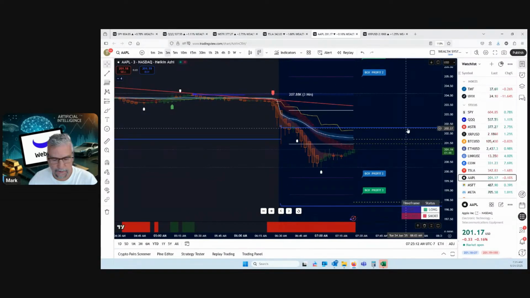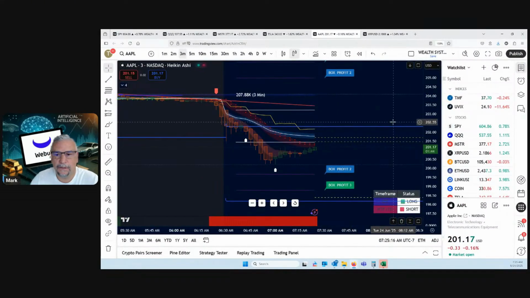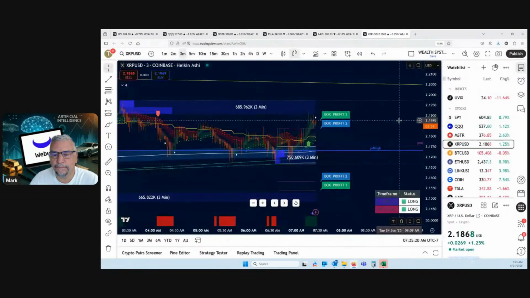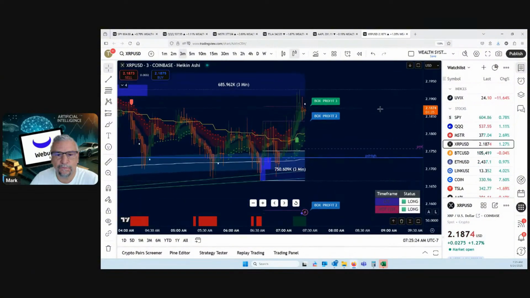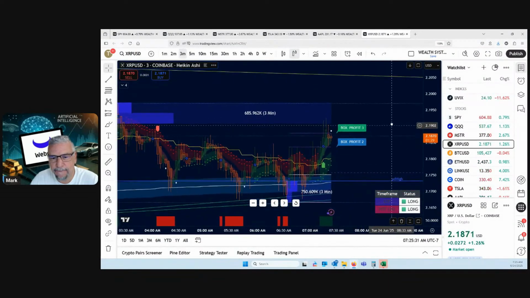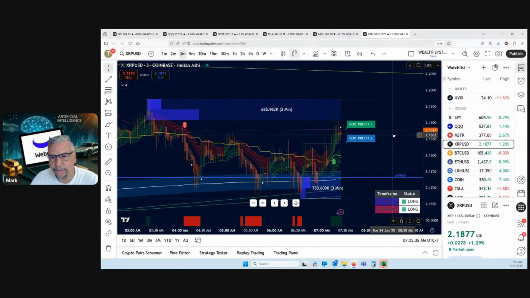And so let's make this a little bit larger. All right, so XRP, you can see we just got a white dot showing increased momentum, increased buy-in. Which direction will it decide to go?